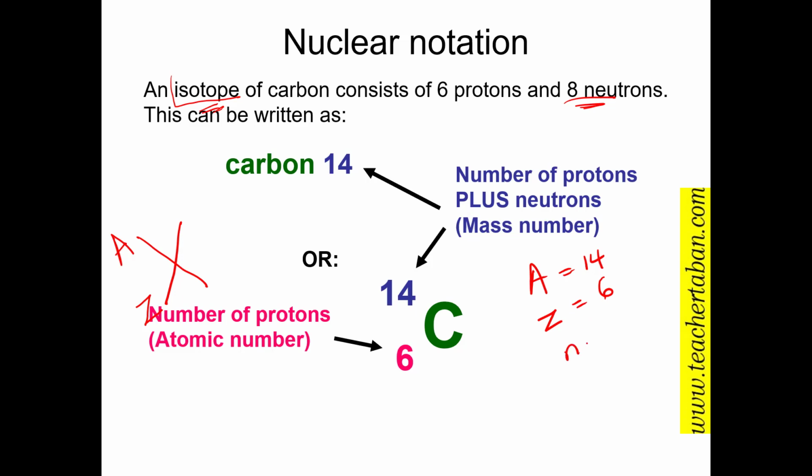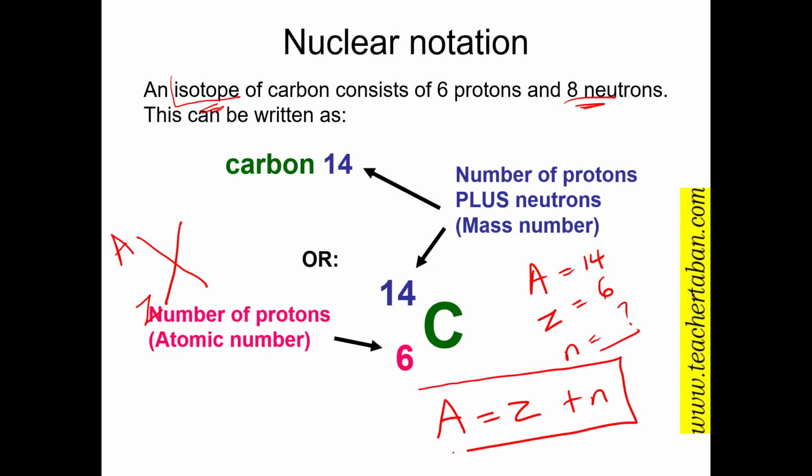But what is the number of neutrons? Can you guess? Think. The total number of neutrons and protons is equal to the atomic mass. In other words, we come up with this equation: capital A is equal to Z plus N. Please write this somewhere because we're going to be using it so often.